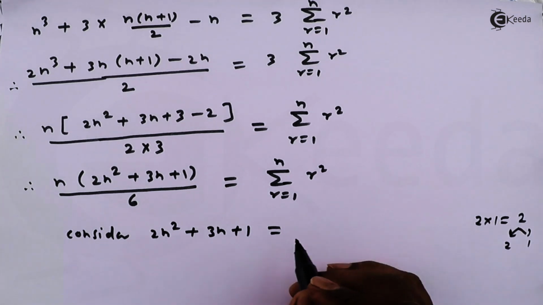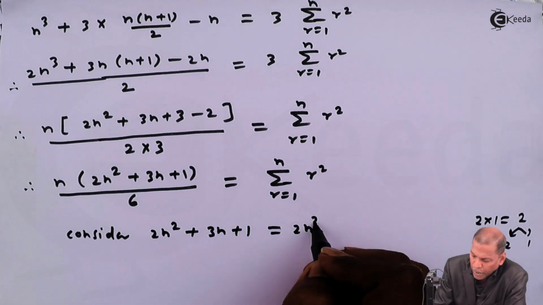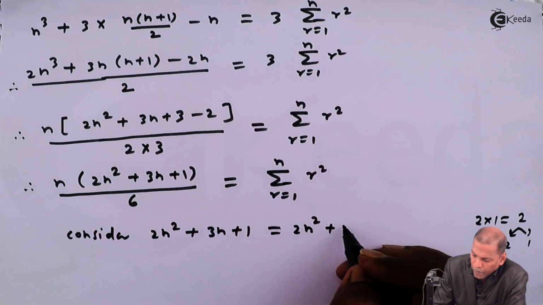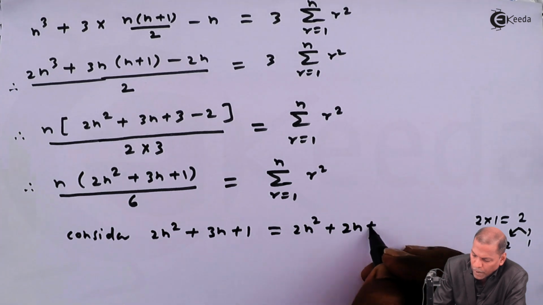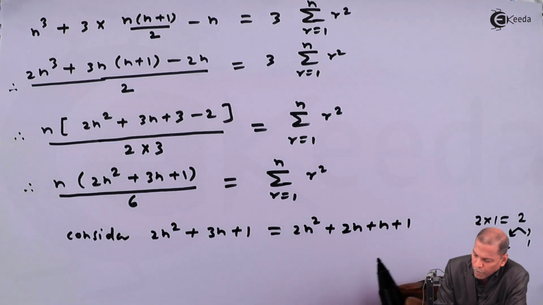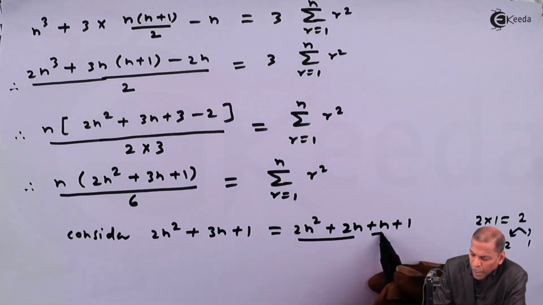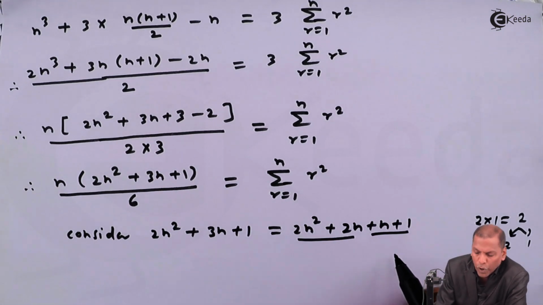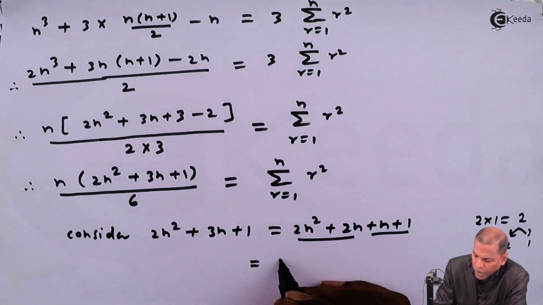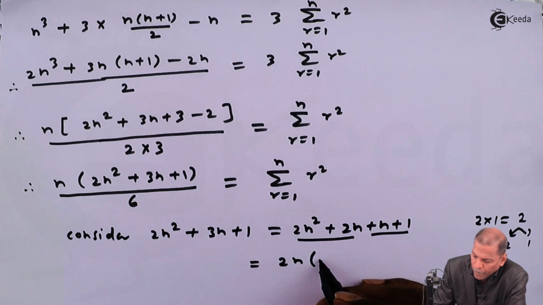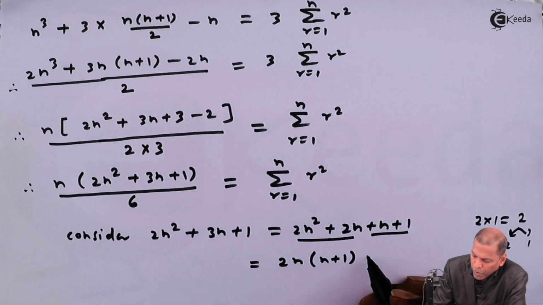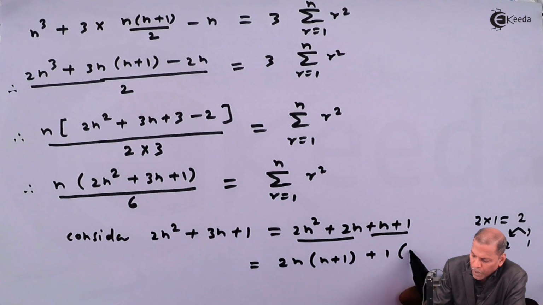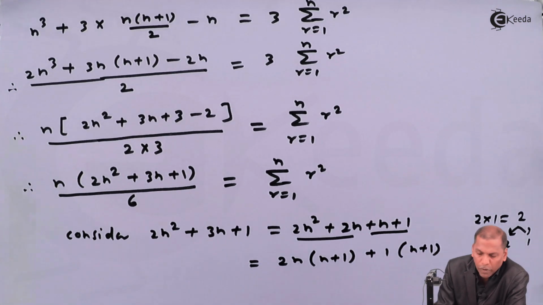So this can be written as 2n square plus 2n plus n plus 1. Now we make groups of 2 terms: 2n(n plus 1) plus 1(n plus 1).